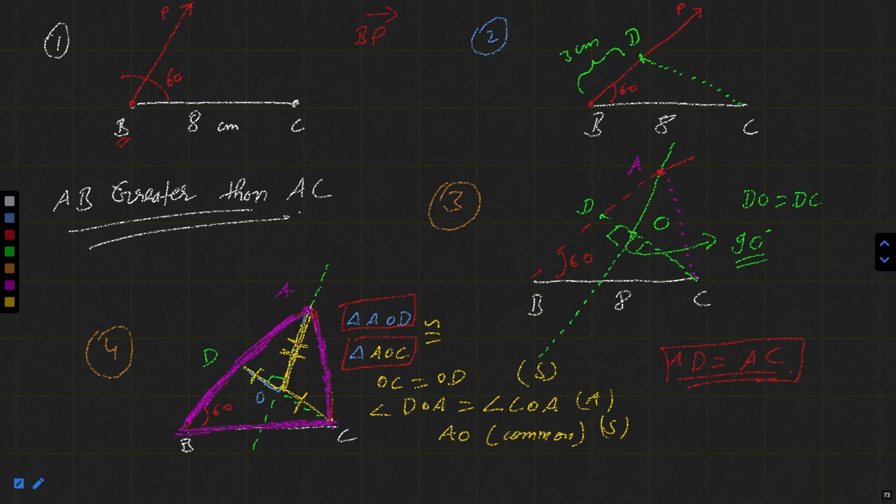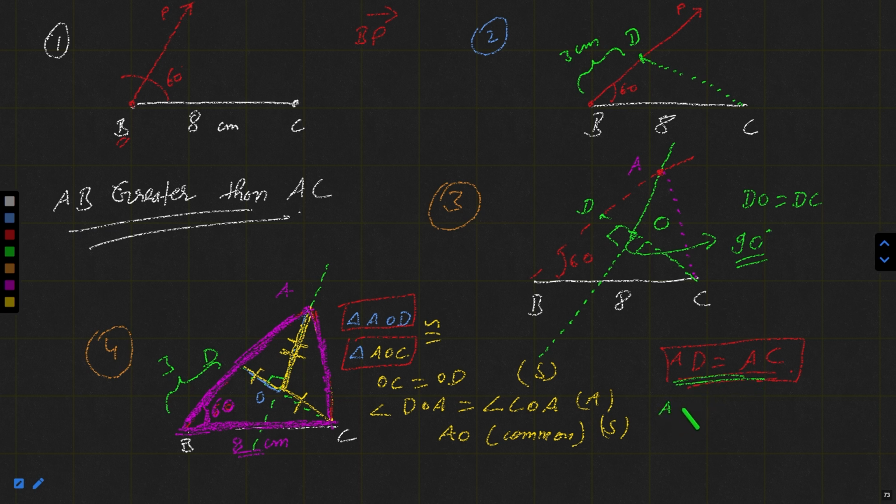This whole triangle outlined by this purple color is our required triangle, because one base angle is 60, and BC was already 8 centimeter, and we know that BD is 3 centimeters, and from this we know AD is equal to AC.